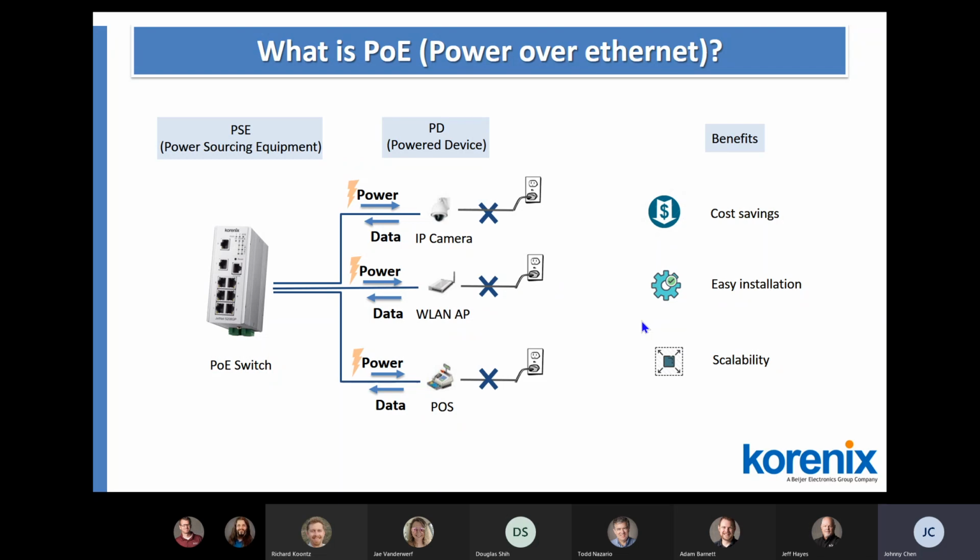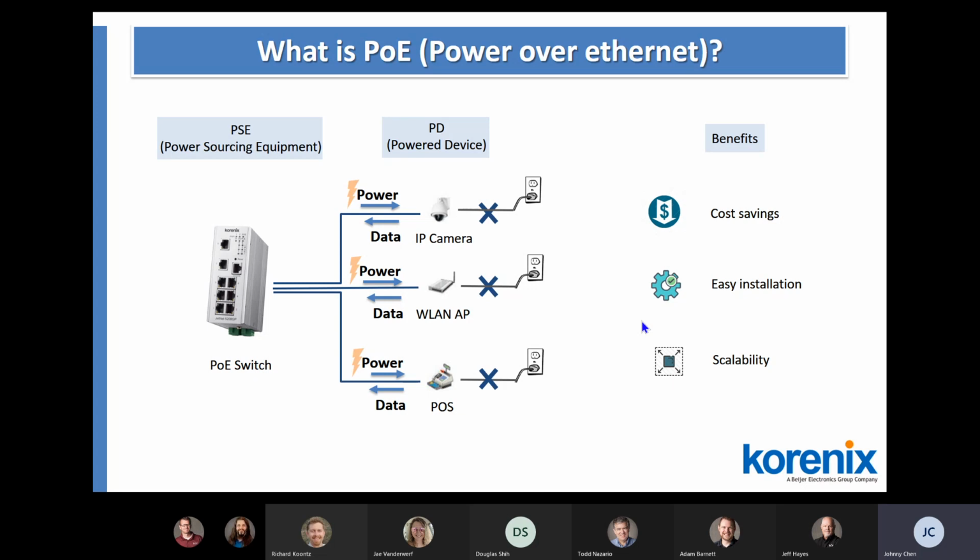So you don't need to use another power cable for your endpoint device like an IP camera, wireless access point, or POS system. You can just use one Ethernet cable for the power supply and data transmission at the same time. That's what PoE does.